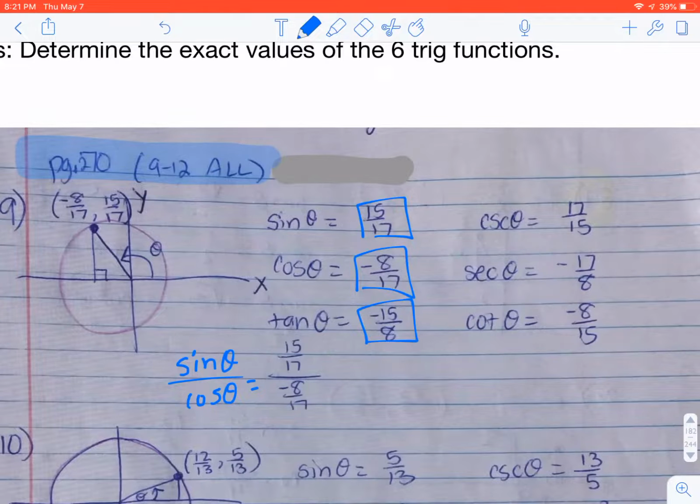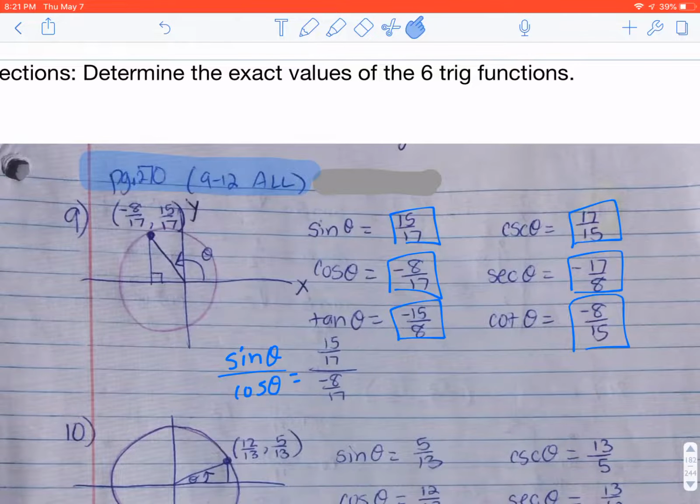It's a reciprocal of it. So your cosecant theta is just 17 over 15. Your secant theta is the reciprocal of cosine theta. So again, we flip it. So negative 17 over 8. Your cotangent theta is going to be negative 8 over 15. Okay, that should be pretty straightforward.